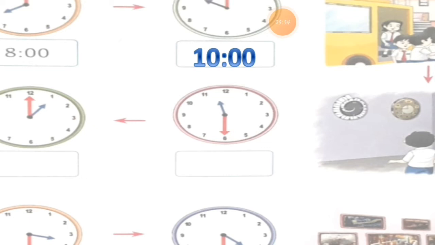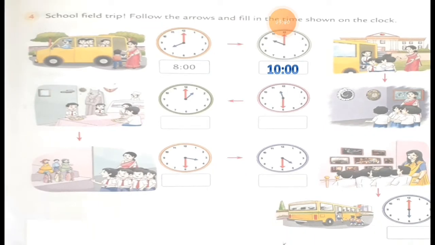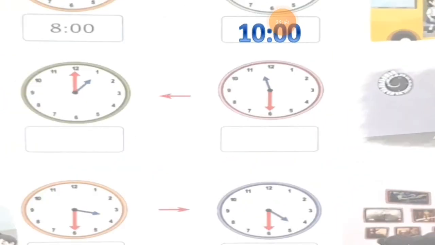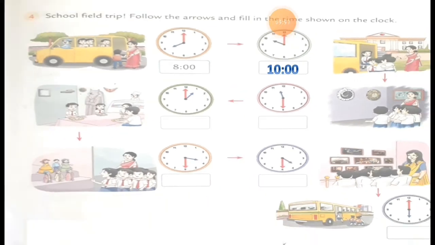It is pointing to 6. It means how many minutes? It means 30 minutes, and the short hand is pointing between 11 and 12. So what time is it? It is 11:30.